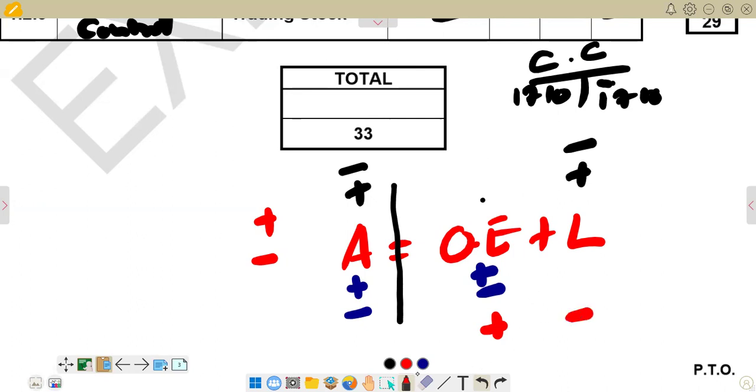You understand? The opposite is true again: if there's a minus on owner's equity, liabilities should be a plus. So if the two accounts are on one side of the equation, this is the first side and this is the second side. This side has only assets, and this side has owner's equity and liabilities.